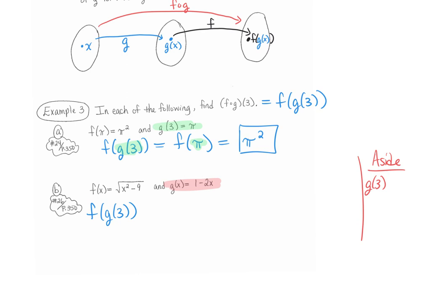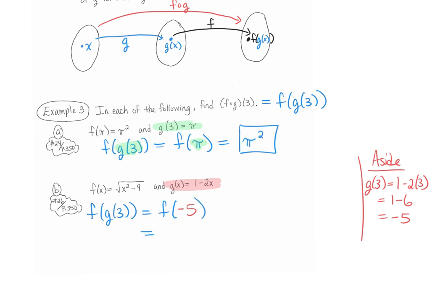So g of 3 is going to be 1 minus 2 times 3, which is 1 minus 6. So this is f of what? Negative 5.